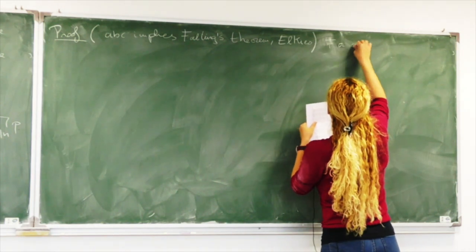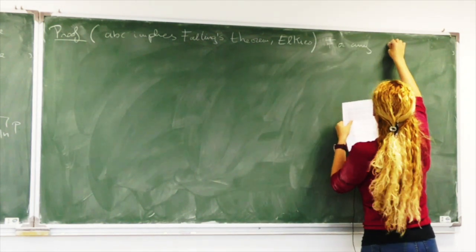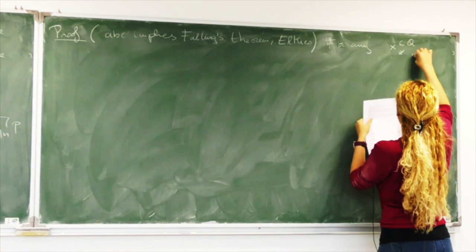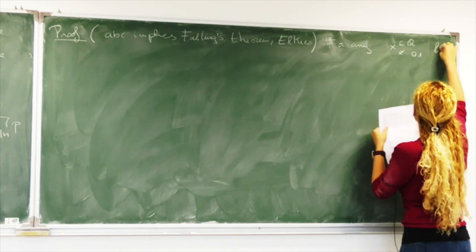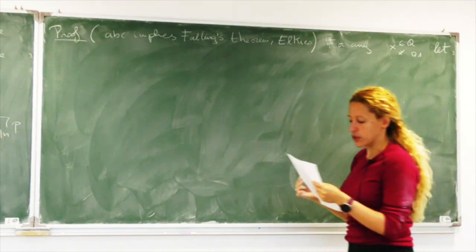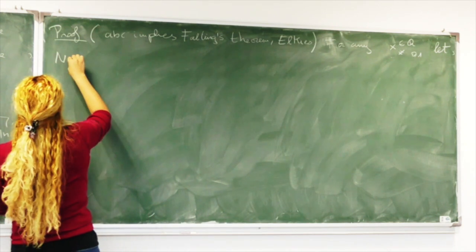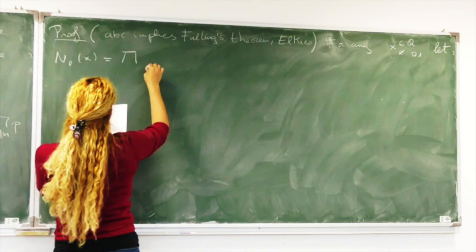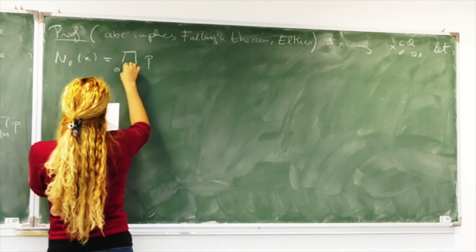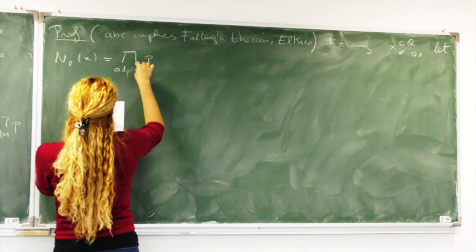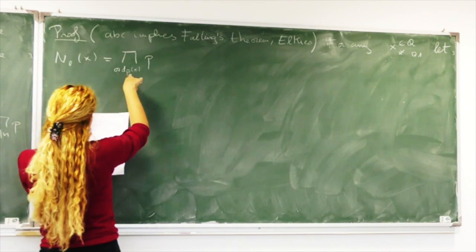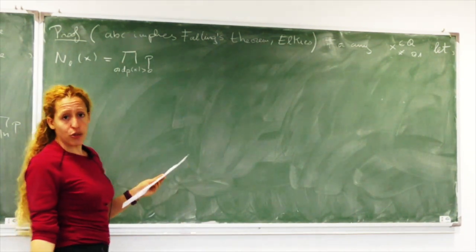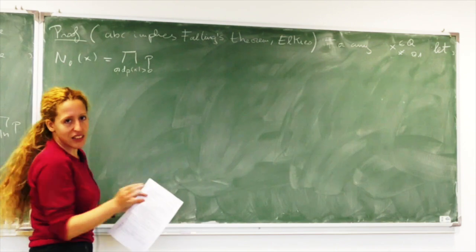So, for any rational number x different from 0 and 1, I need to introduce some notation. n0 of x is equal to the product of the primes such that the order of x at p is greater than 0. So this is like the radical, right? This is just the radical, but I need to call it with this notation.